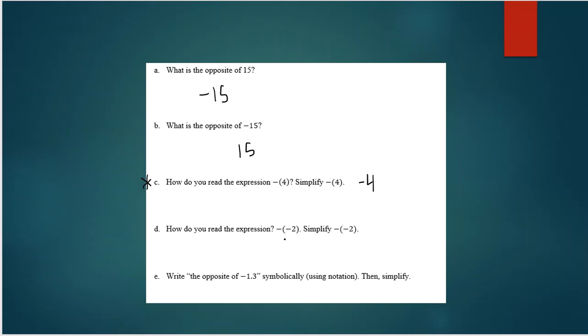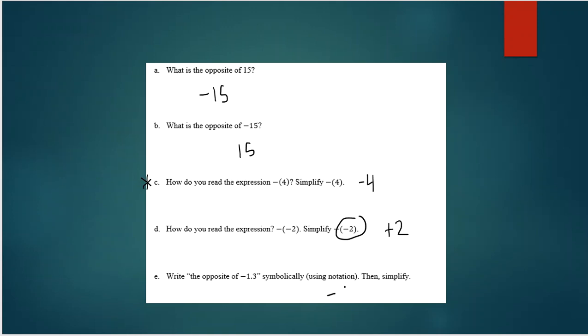Okay, on the next one, how do you read the expression, the opposite of -2? So if we're talking about the opposite of -2 right here, the opposite of -2 would be +2. On the next one, it says, write the opposite of -1.3, then simplify.